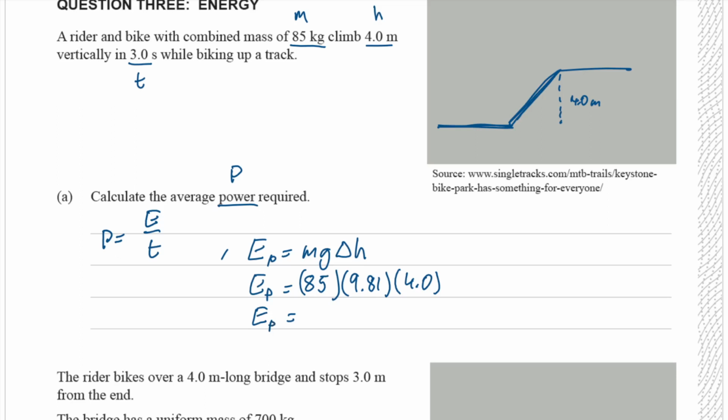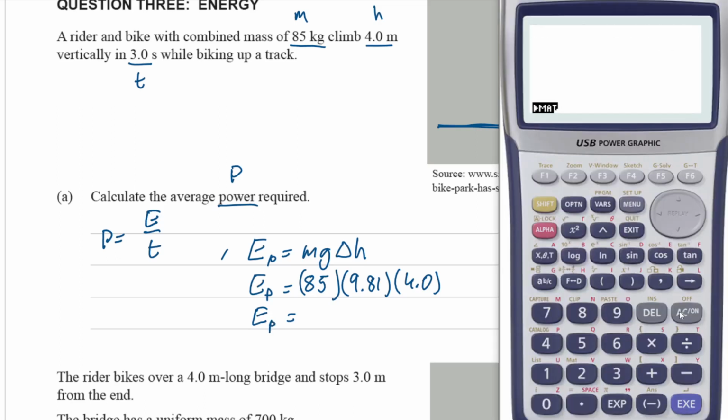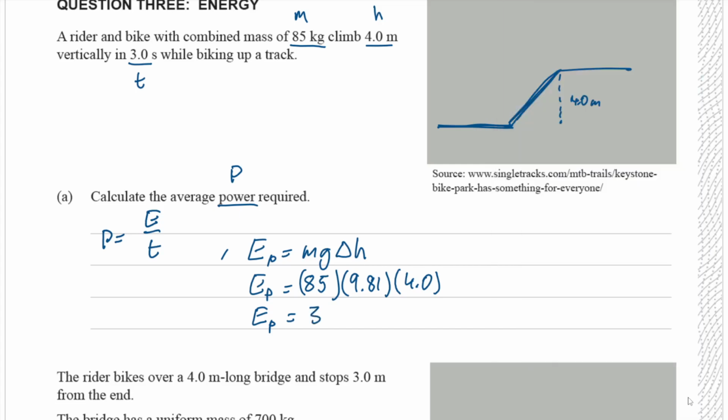So if we compute that, 85 times 9.81 times 4 gives 3,335 joules. So that's the gain in gravitational potential energy.